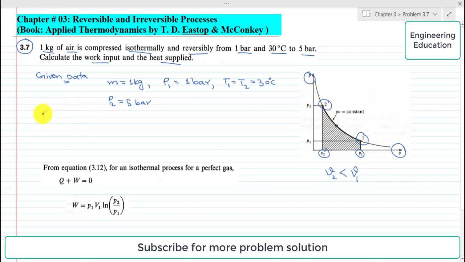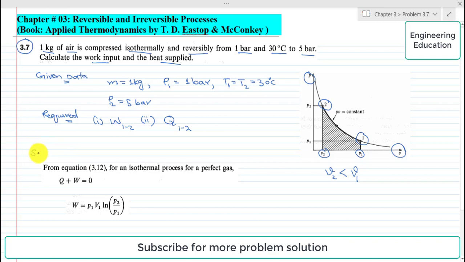So we are required to find two quantities. One is work input and second is heat supplied. So work done from 1 to 2 and the heat supplied during the process, we will find it.